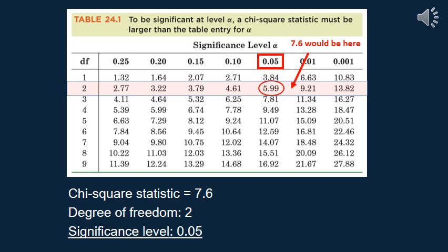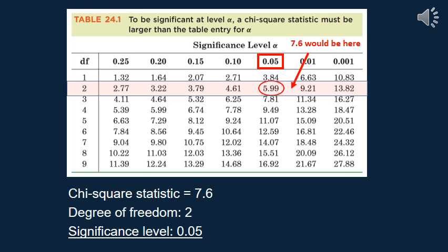This is the number I want. This is why I wanted to have the chi-square statistic for my table. This is why I wanted to know the degrees of freedom for my table. I wanted to find out, with the help of that table, the significance level alpha. This is the key number to determine the statistical significance of my correlation.